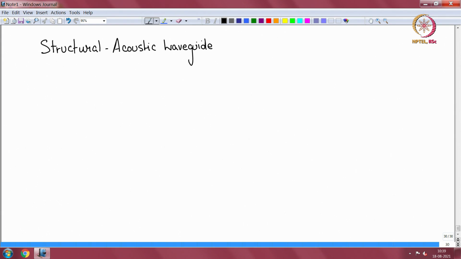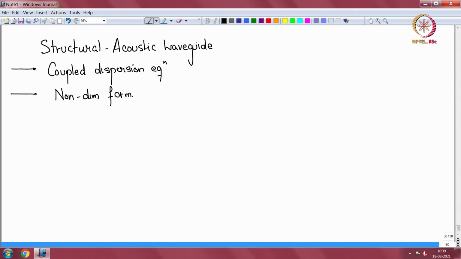We derived the relevant equations and we found what we call the coupled dispersion equation. And then I just presented the non-dimensional form. I said I will derive it in this class. Okay, so that is what we are going to see.